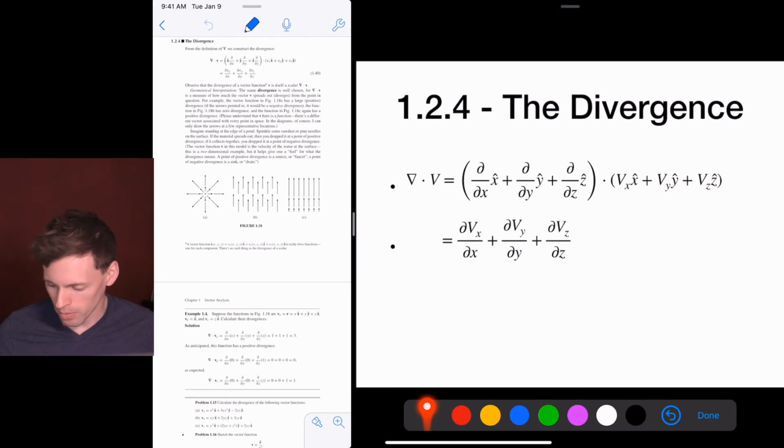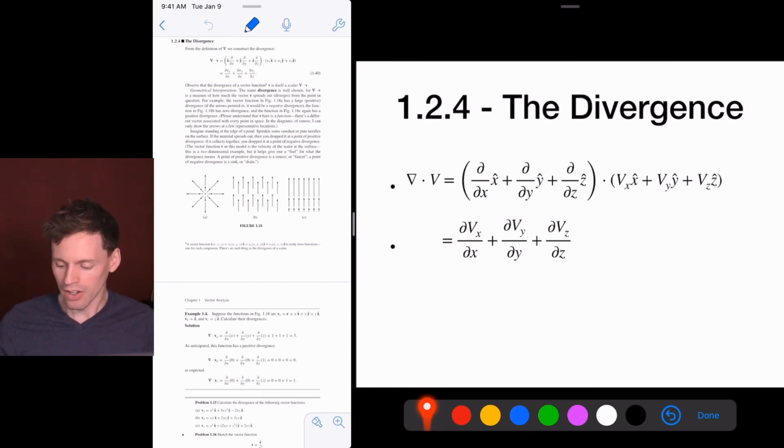If we multiply that together, then the derivative with respect to x dotted into x hat gives you 1, and the off terms give you 0. So your result, del dot v, is just the derivative of your vector's x component with respect to x, plus the derivative of the y component with respect to y, plus the derivative of the z component with respect to z.